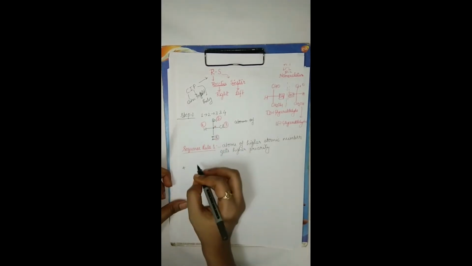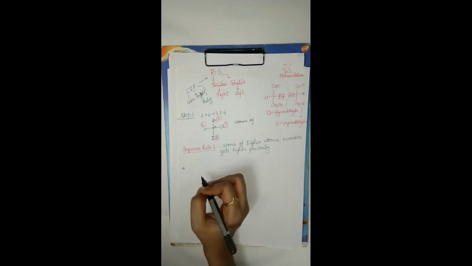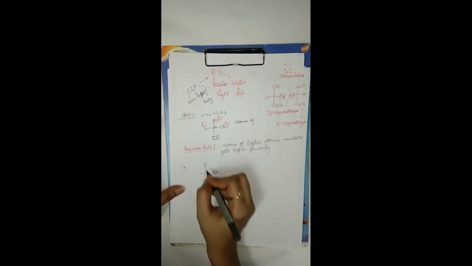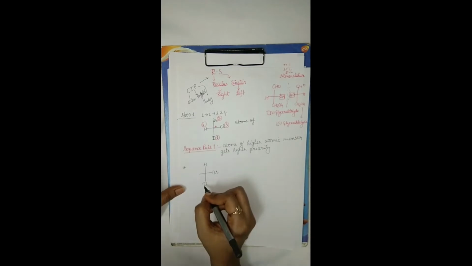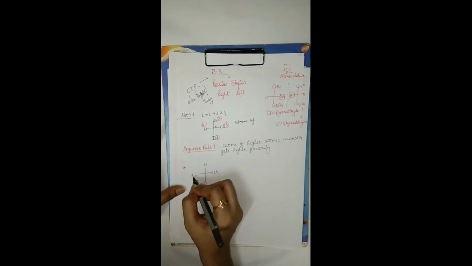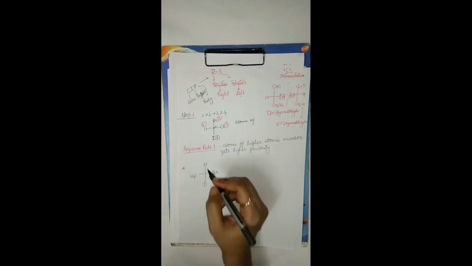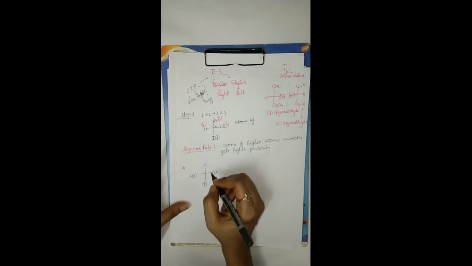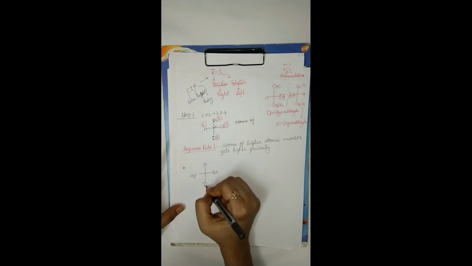Secondly, if the 2 atoms attached to the chiral carbon are isotopes of the same element, like this is the isotope of hydrogen, deuterium, CH3, what will happen if the 2 atoms attached to the chiral carbon are isotopes of the same element? The isotope of higher mass number gets the higher priority.